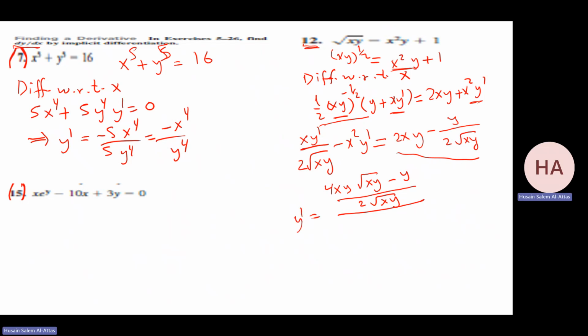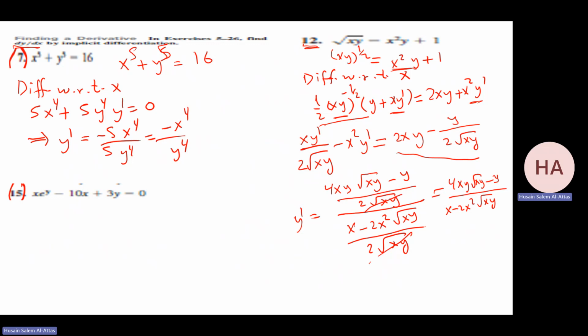This one is what? I took y prime as common factor, so I have x minus 2x squared square root xy over 2 root xy. For these things, cancelled. So we have, that's it. This will be 4xy square root xy minus y over x minus 2x squared.